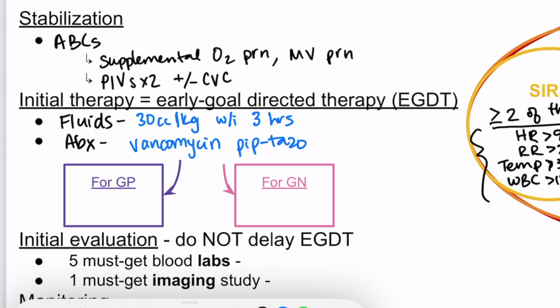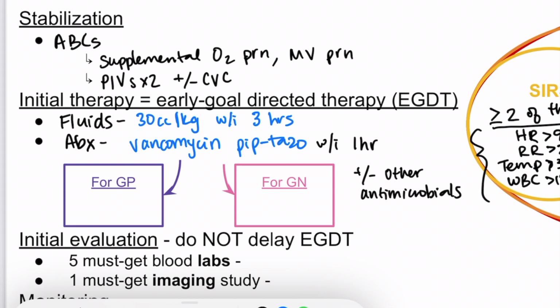These you want to give within 1 hour of identifying this patient, plus or minus other antimicrobials based off of patient risk factors such as being immunocompromised or exposure to weird fungi.